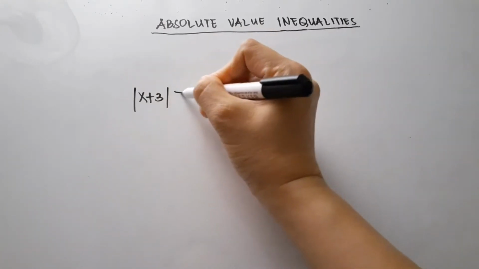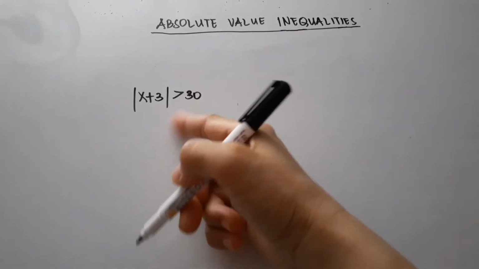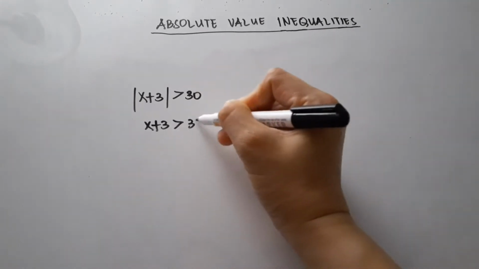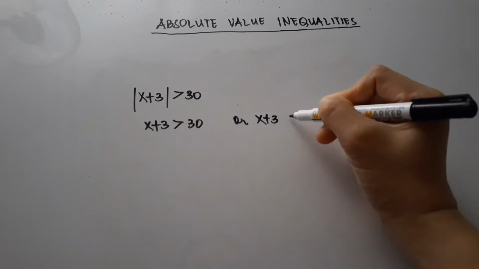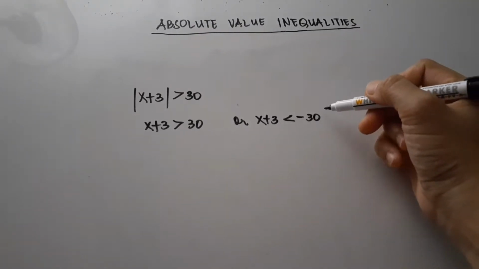And then let's have another example. The absolute value of x plus 3 is greater than 30. So we can solve this equation: x plus 3 is greater than 30, or x plus 3, changing the direction, is less than negative 30.